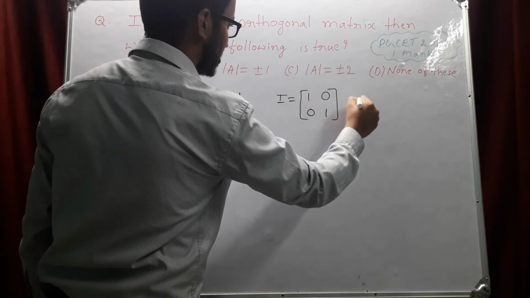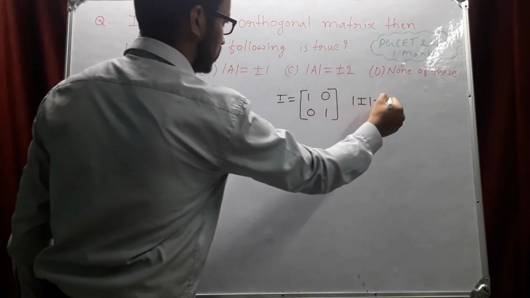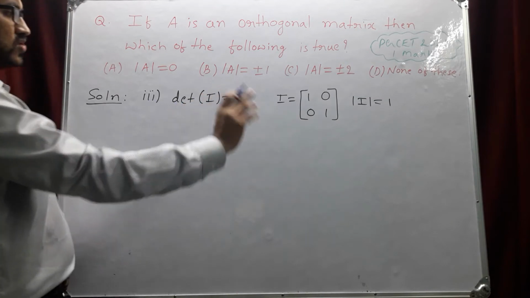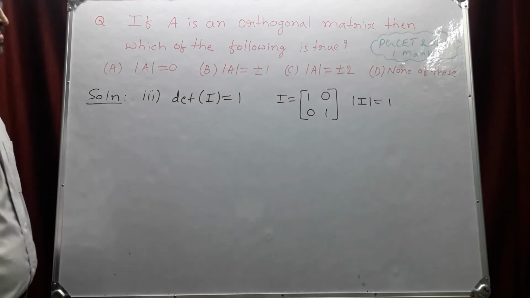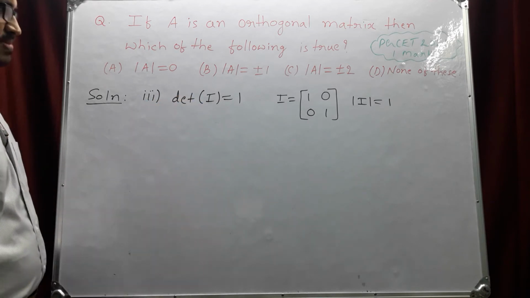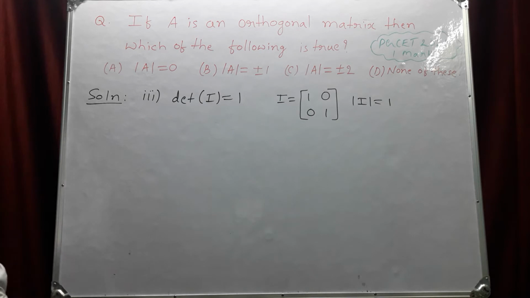If you find its determinant, we get 1 into 1 minus 0, that is 1. So the determinant of an identity matrix of any order is 1. Now we will use these properties to solve this problem.